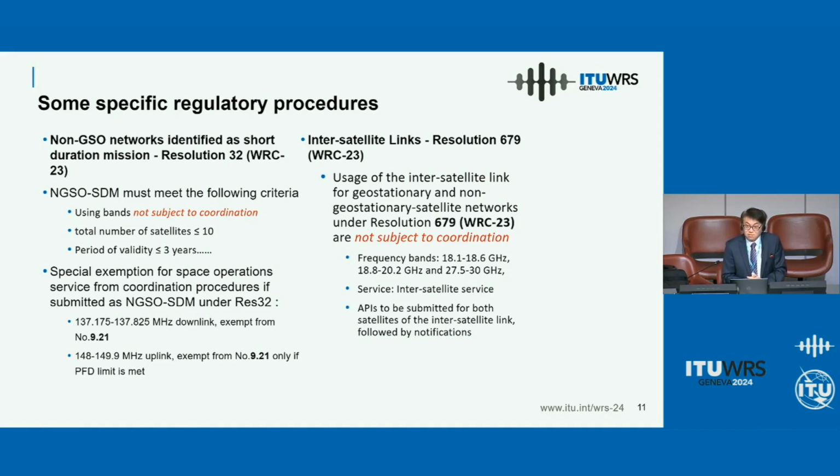And the service has to be inter-satellite service, which the class of station will be ES. And this is not subject to coordination, so APIs have to be submitted. But note that the API has to be submitted for both satellites at both ends of this inter-satellite link.